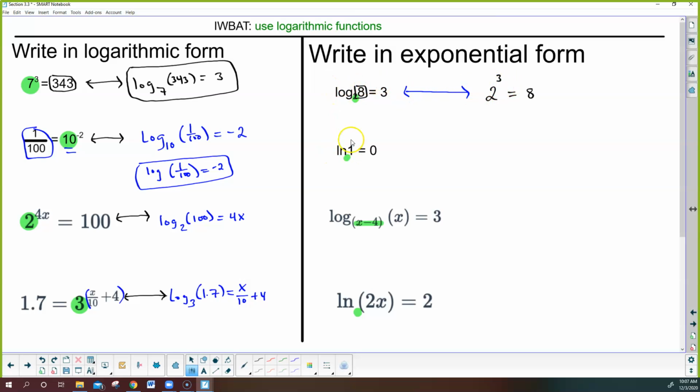But let's look at this one, because this one's a little odd. There's a couple of ways that we can solve this. And after today, I'm going to show you a different approach to problems like this. But for right now, we have to keep in mind that if it's written as the natural log, you can rewrite this as the log of 1 with base e. And that's where you get this e to pop up, or your base to appear.